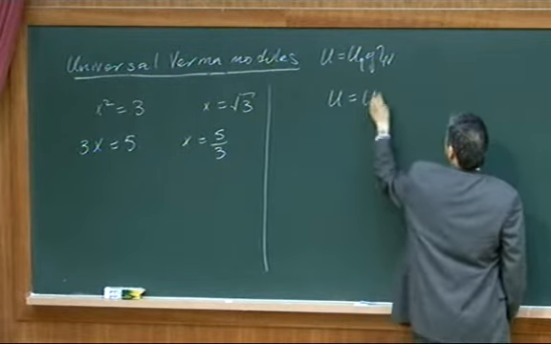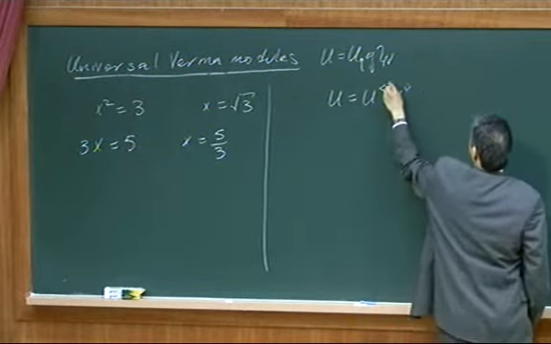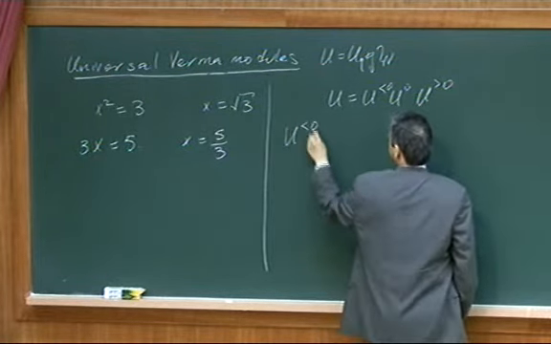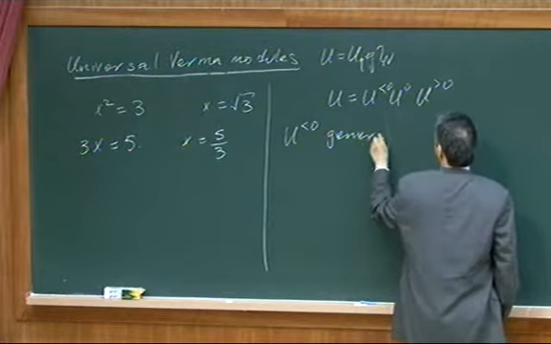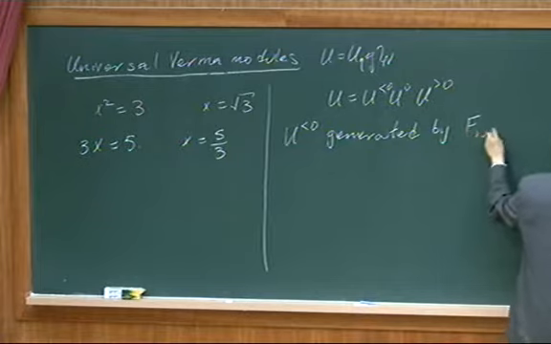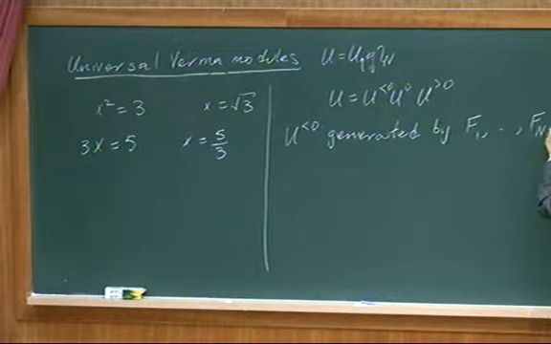So U is made of three parts: U less than 0, U greater than 0, and U0. U less than 0 is generated by the f's, f1 up to f_{n-1}.